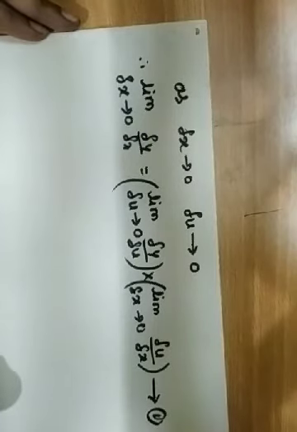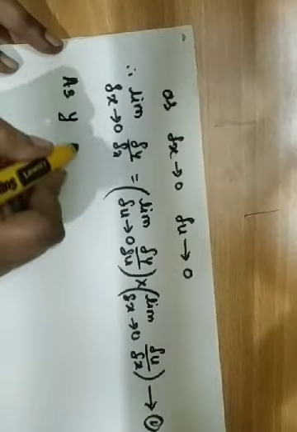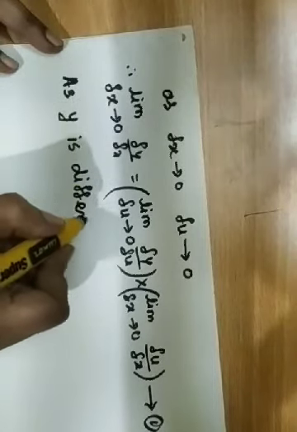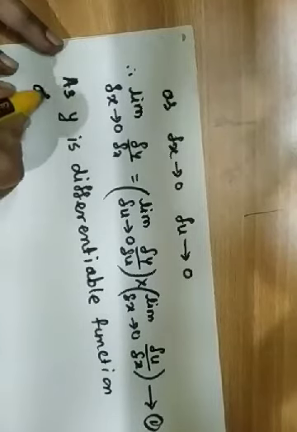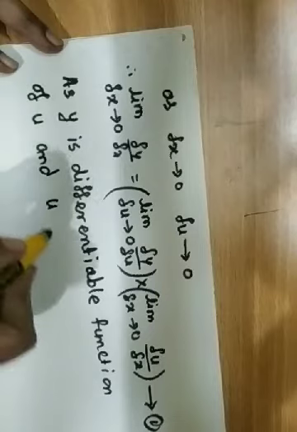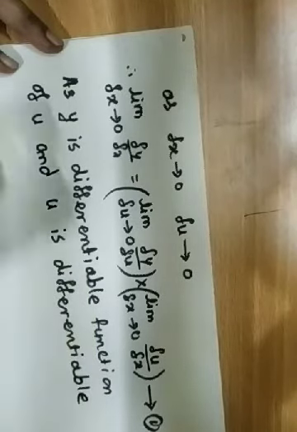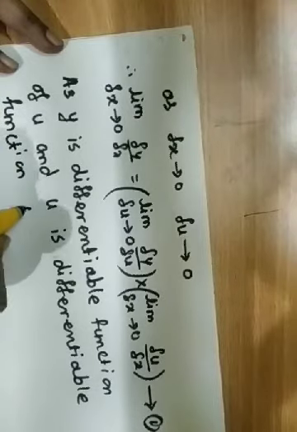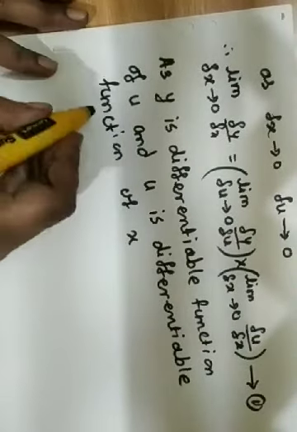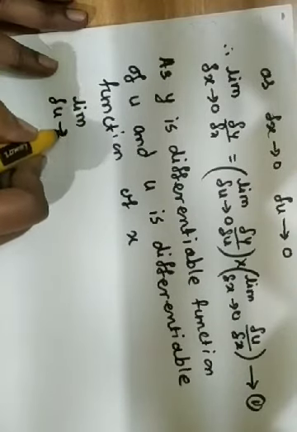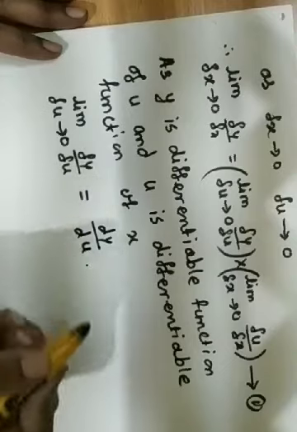Let us take this as 1. As y is a differentiable function of u, as given in the statement of the theorem, and u is a differentiable function of x, then for the right side, the first term, limit delta u tends to 0, delta y by delta u is equal to dy by du.